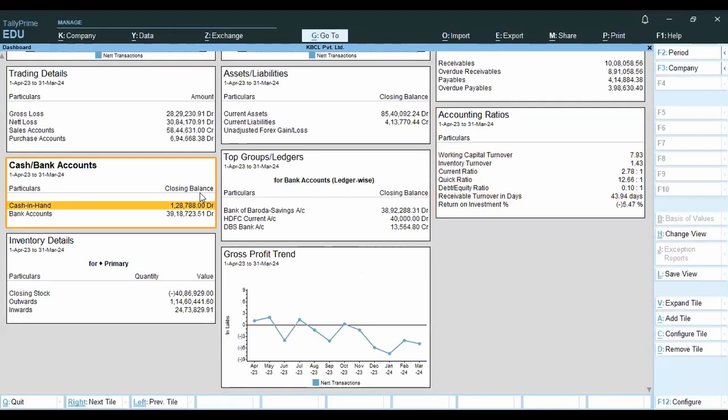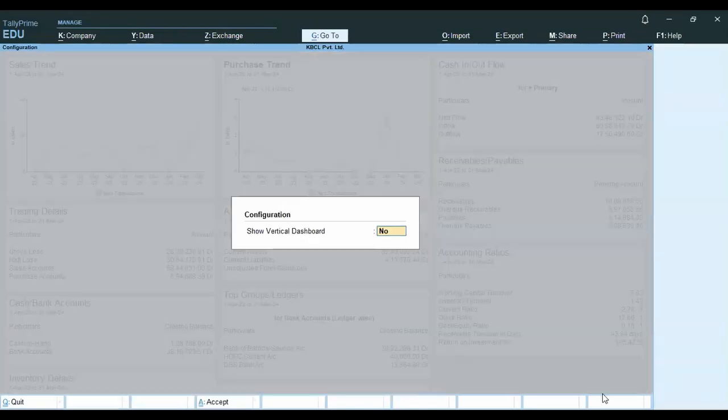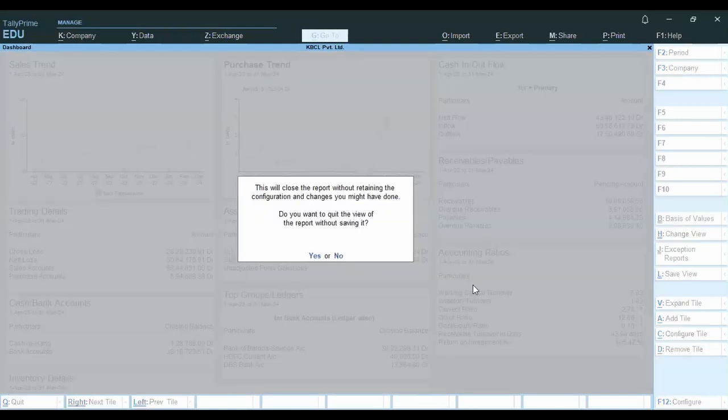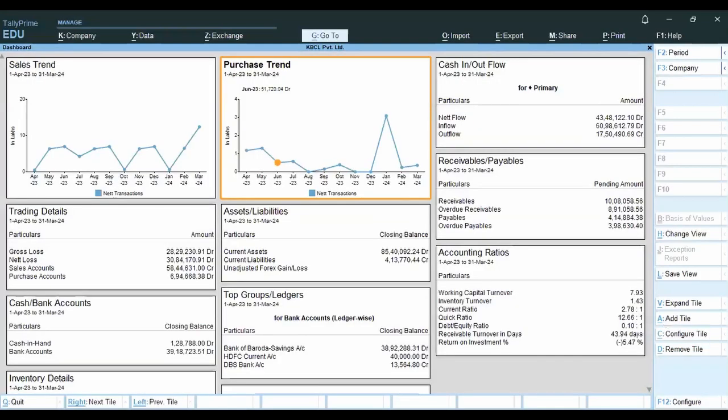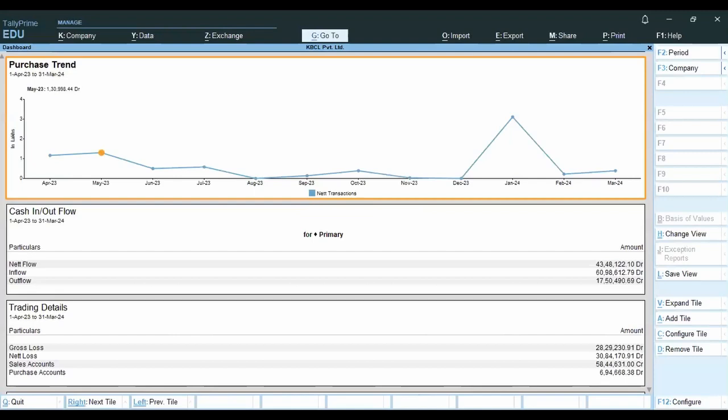I can even change the period of tile. Say for this, I want to configure the tile. So I can configure it.